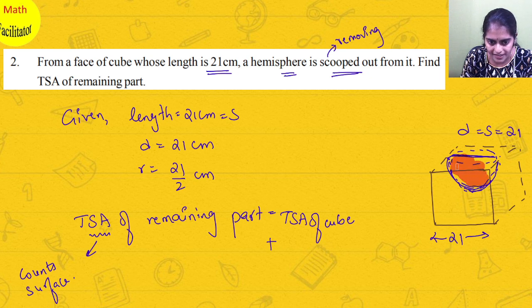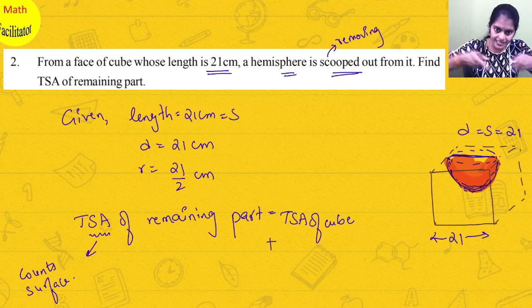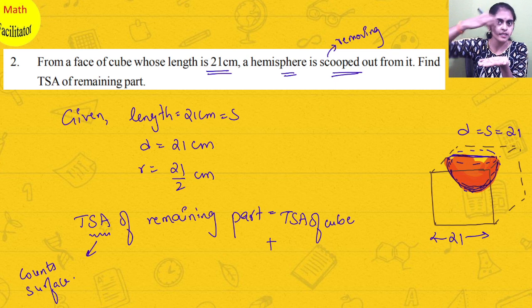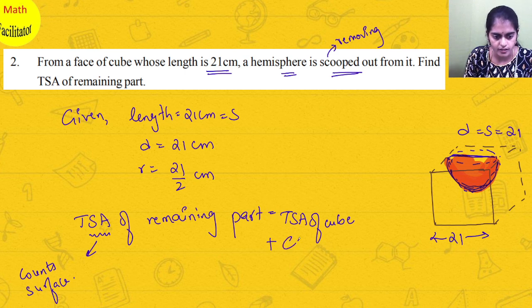This hemisphere part, this is empty here. Okay, this is empty, but this part is actually counted in the surface, this curved part. You can see it. It is surface. It is some shape there. It is a surface. So it is counted in the surface. And you will take the curved surface area only of the hemisphere because only this part is visible. Okay, the upper part, circular part is not in the surface. It is already removed. So you will take only curved surface area. So only CSA of hemisphere I am taking.